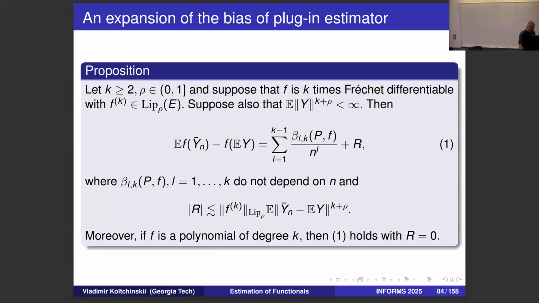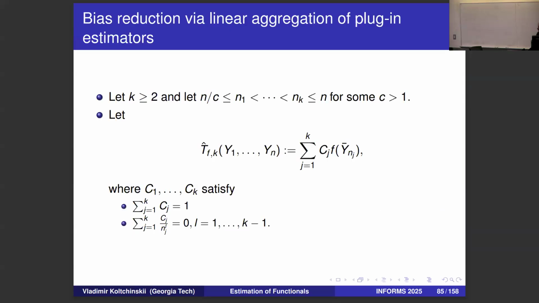And then, we already discussed it last time. We can choose the coefficients of this linear combination this way. We want them to satisfy this equation. So we have k equations here, and the first equation is that the sum of the coefficients is equal to 1, and the rest are kind of orthogonality conditions, if you wish, okay?